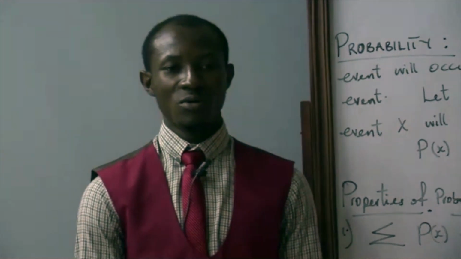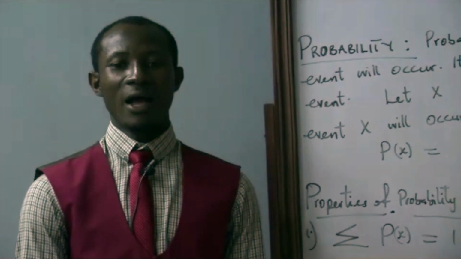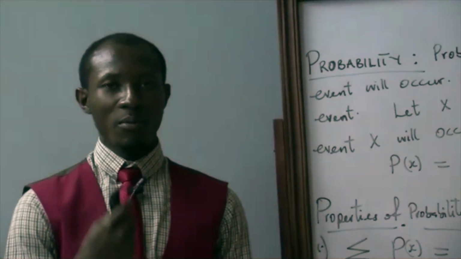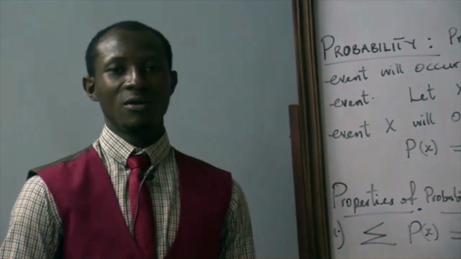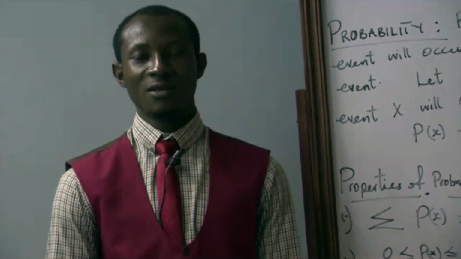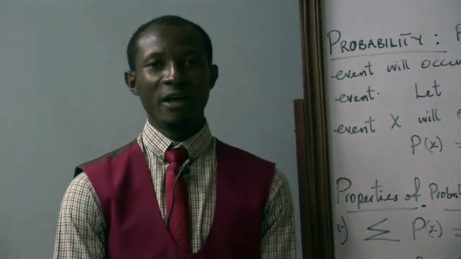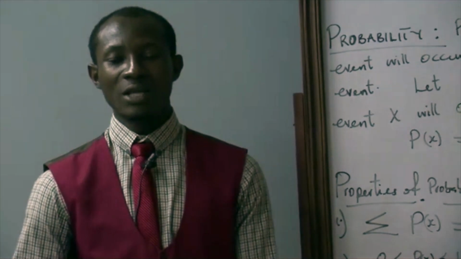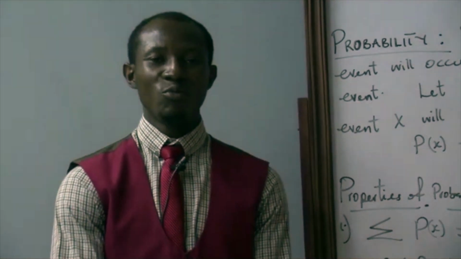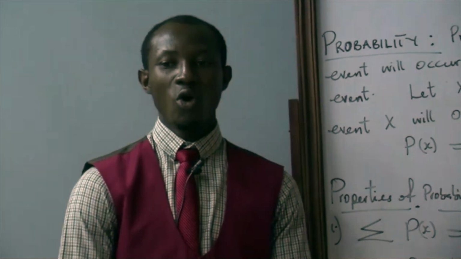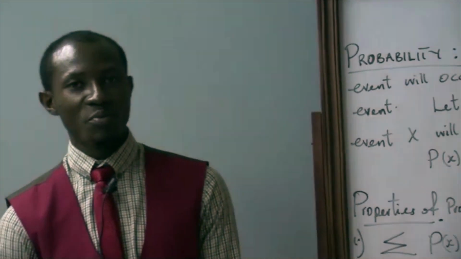For example, I want to chew gum in my mouth and also sing. I can't do both. I want to wash my clothes. The event of washing my clothes and sweeping: either I'm using my hand to wash my clothes or I'm using my hand to sweep.